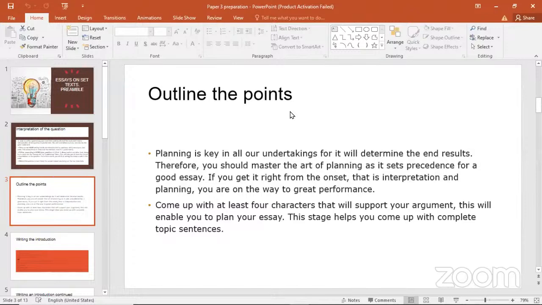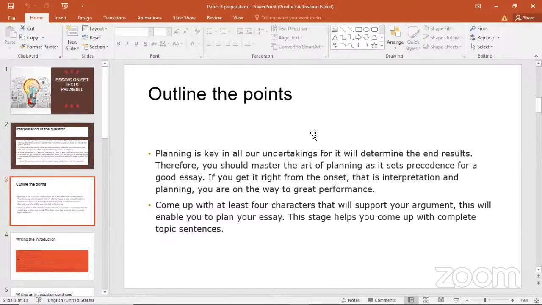Is it a virtue? Yes. So if it's a virtue, we're getting a reward. If it's a vice, we're getting a punishment. So what are the points that would go hand in hand in answering this question? These points are very important, as you're going to see later, because they help you in writing your essay, the paragraphs.